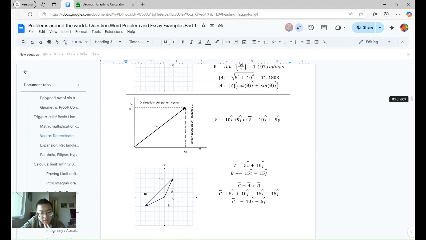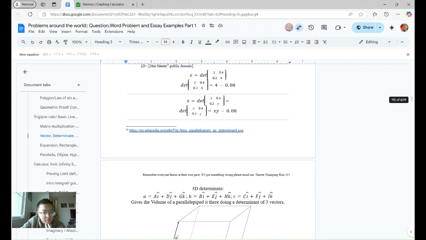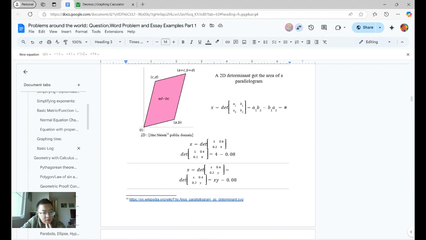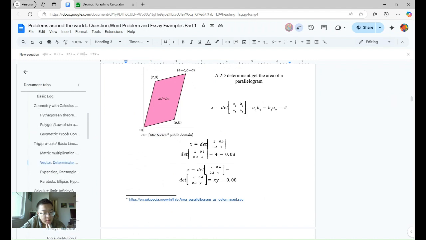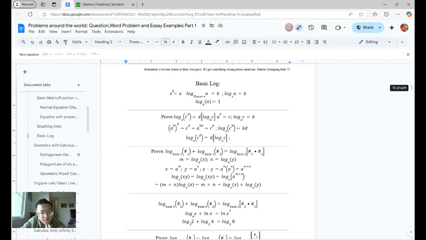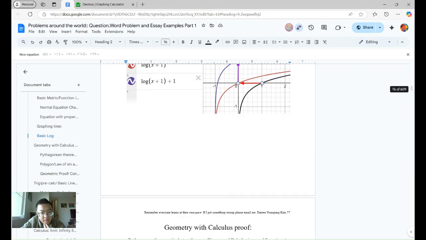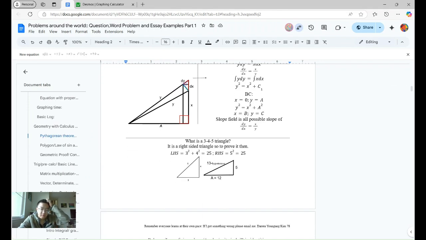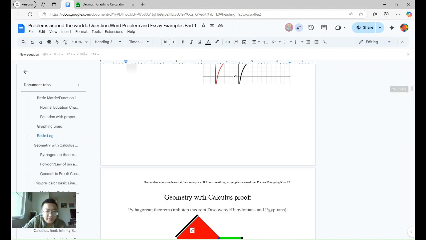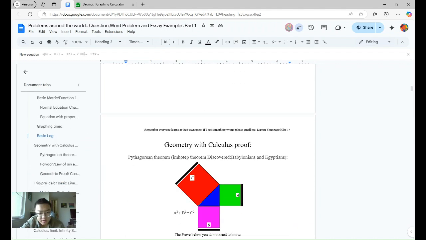Oh, this is such a mess. Honestly, what was I thinking when I was doing this? Yeah, up to here everything's good. Up to here, I can safely say it makes sense at least. When it goes to geometry, let me get rid of the calculus because I removed the calculus proof. Why am I doing that?